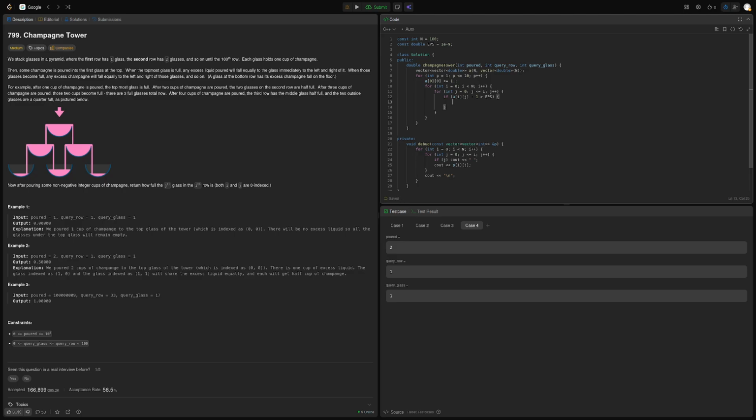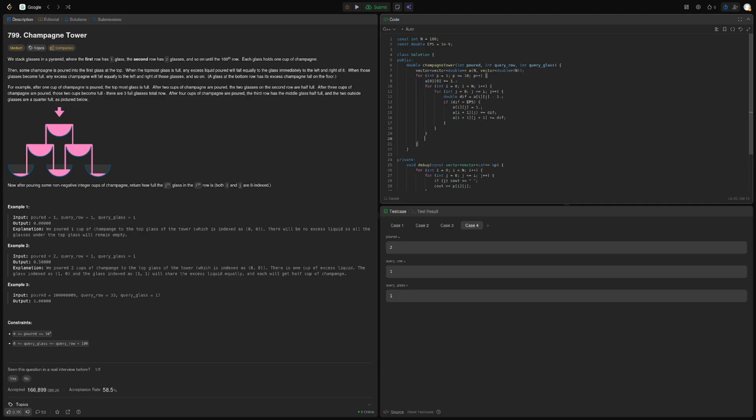So double diff is aij minus 1.0, and then ai plus 1j and ai plus 1j plus 1 get diff divided by 2, and that's it, I guess.